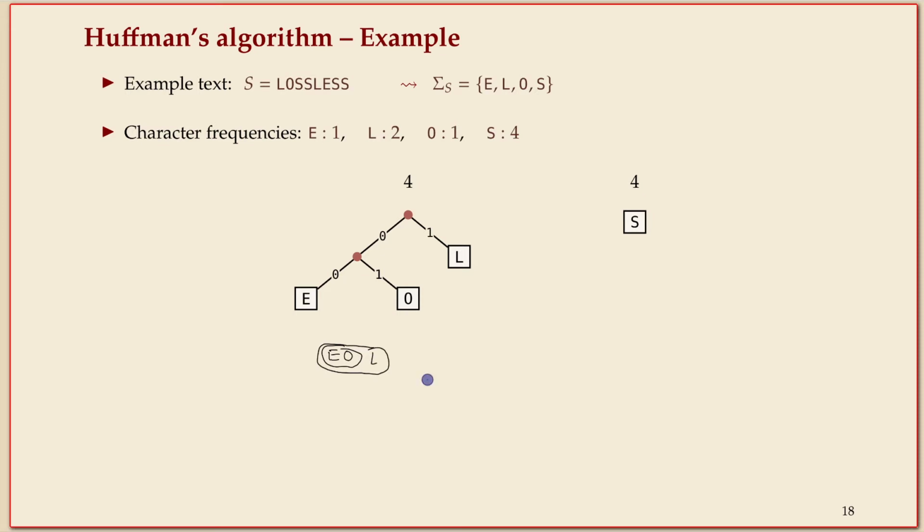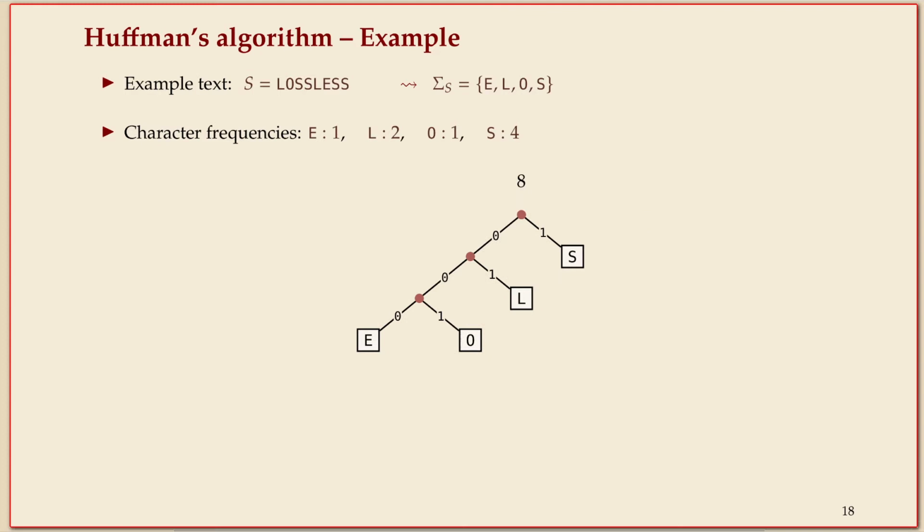I'm showing you this because this is a concise way to show the tree without drawing the tree. So this might be convenient to quickly sketch, say in an exam, right? And then one more go. We have our EO, which is boxed together with L, which again is boxed together with S.